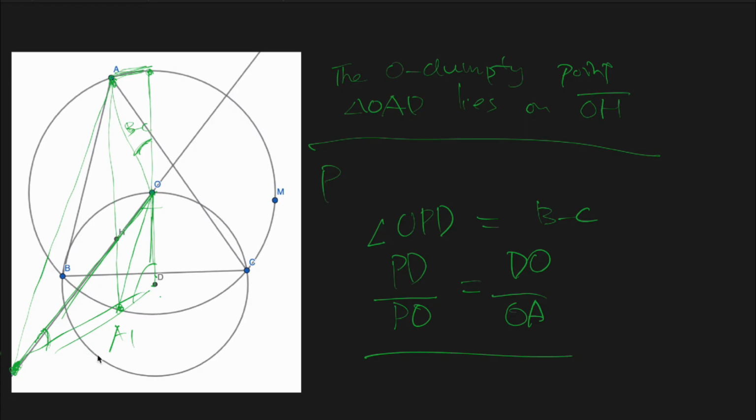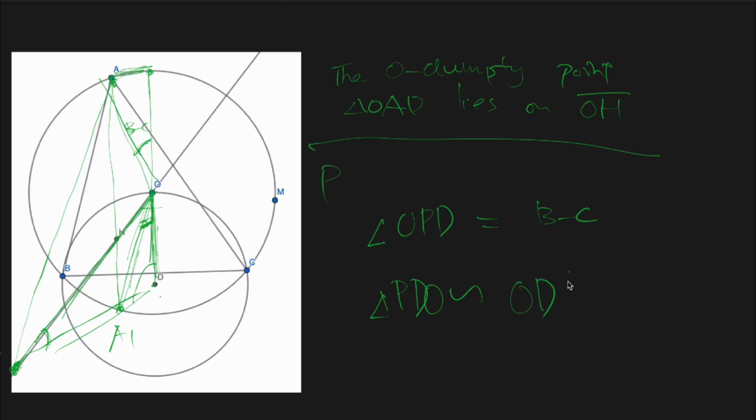We know that OA and OA1 are symmetric about the line OD, and so this angle is also B minus C. But what's nice here is we also have that OD over OA1 is equal to OD over OA, which is equal to, as we've seen here, PD over PO, and this is also B minus C. Hence, we have obtained a pair of similar triangles, which is we have obtained that PDO is actually similar to ODA1.